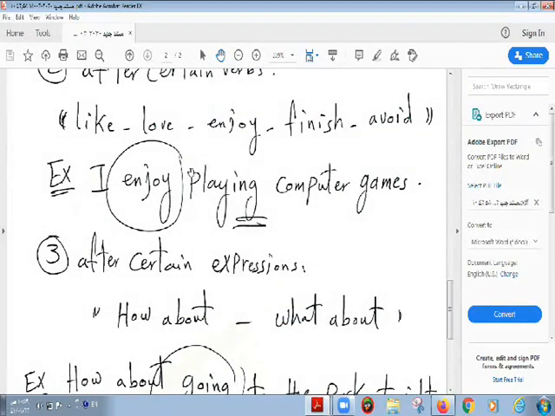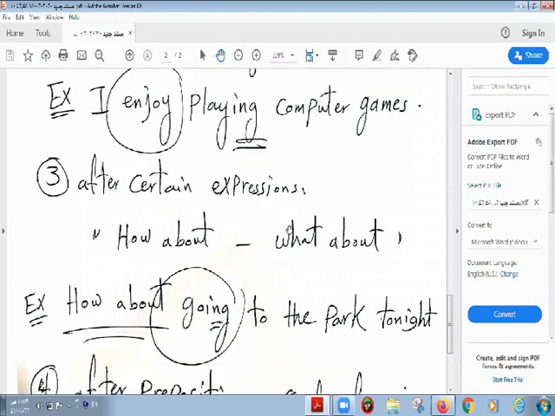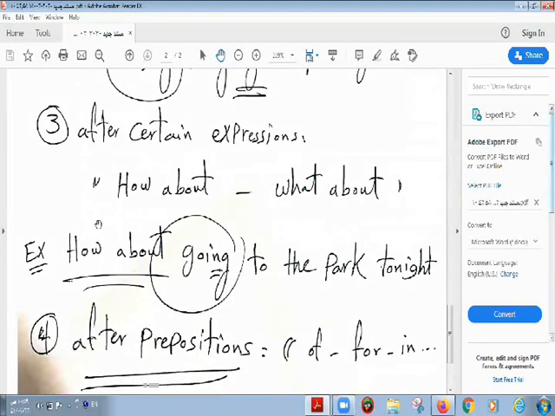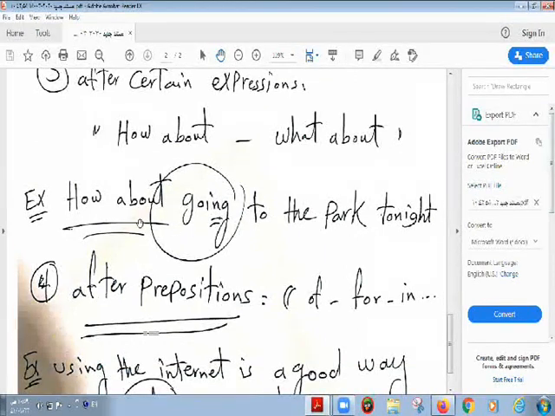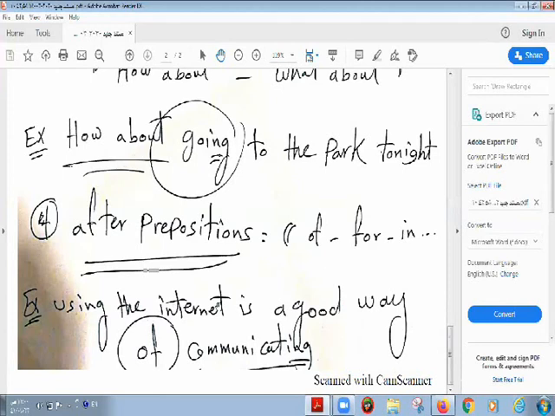We can also use ing forms after certain expressions, for example, how about, what about? For example, how about going to the park tonight? Okay, we said that we can use it as a suggestion. We can also use ing forms after prepositions such as of, for, in, and so on. For example, using the internet is a good way of communicating.